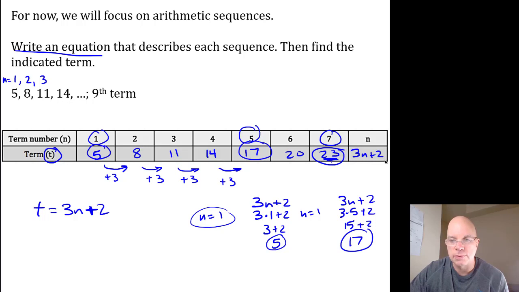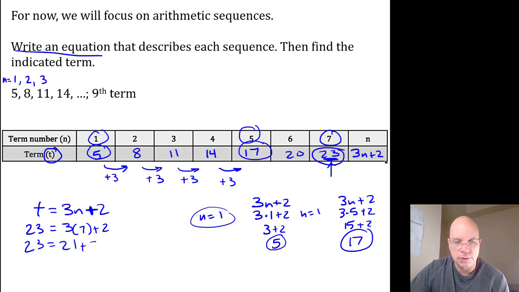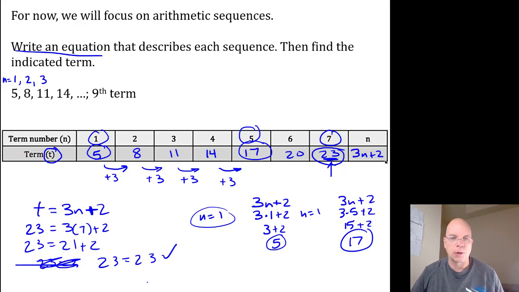We could just substitute 23 for t and 7 for n, and make sure we get the reflexive property at the end. 23 equals 21 plus 2. 23 equals 23. So that's another confirmation that our rule or our equation is correct.